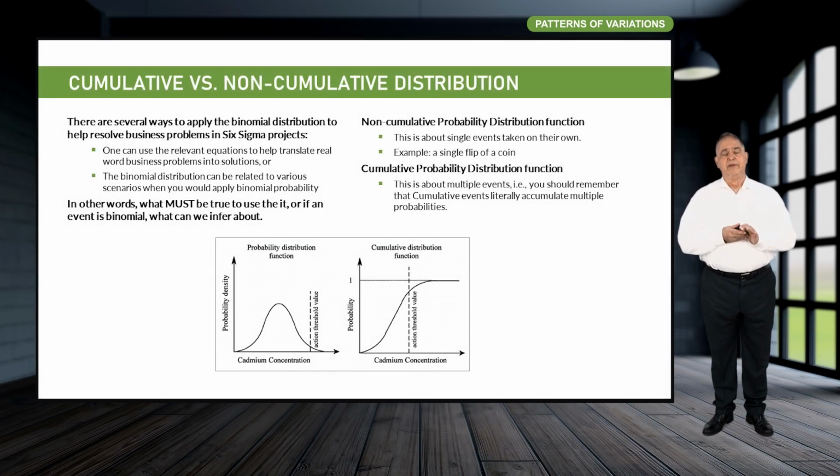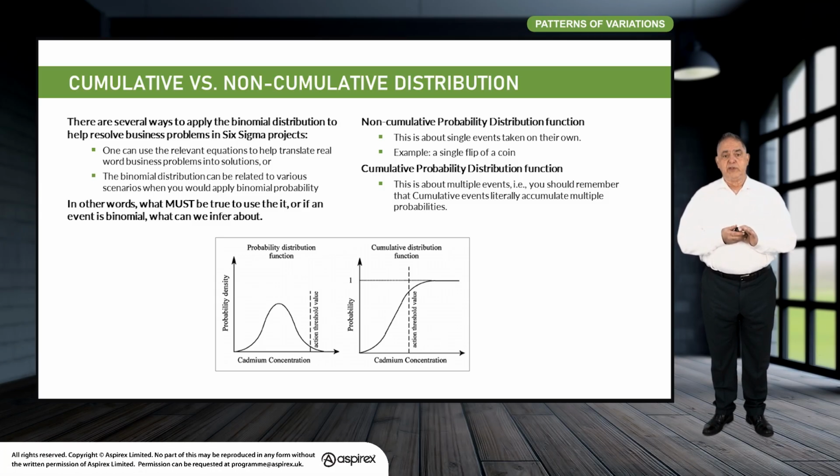Finally, we have what we call cumulative versus non-cumulative distribution. There are several ways to apply the binomial distribution to help resolve business problems associated with Six Sigma projects.